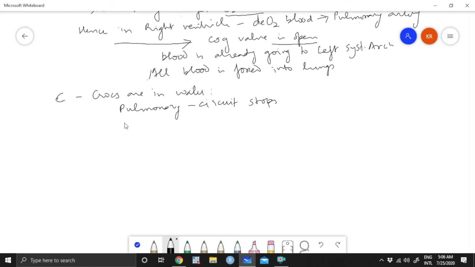Now here we have to remember that once this pulmonary circuit stops, less blood comes from the lungs to the heart, or almost it will stop.